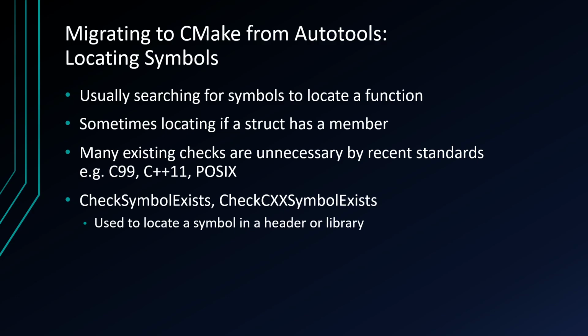Autoconf has macros for these tasks. CMake similarly has functions and modules that perform the same task. In CMake land, it basically constructs a little piece of boilerplate code. It tries to compile it, and if the compile is successful, it considers the check successful.